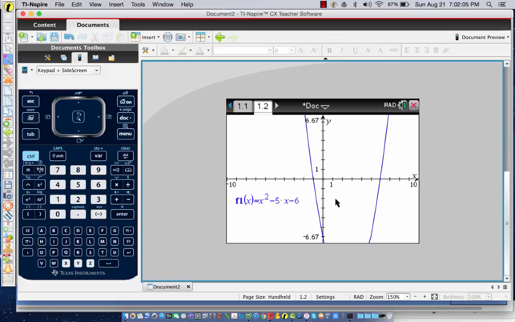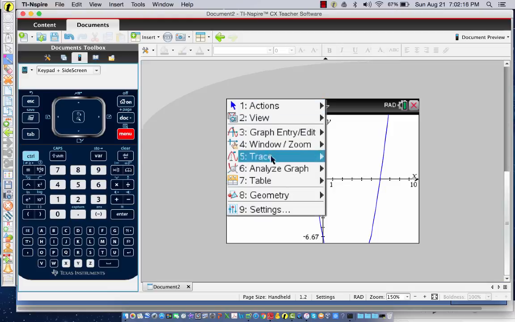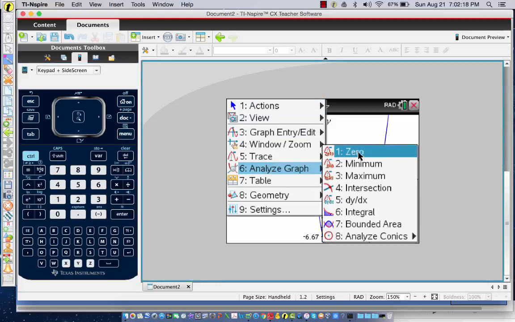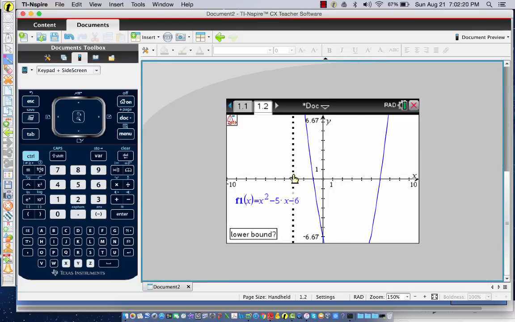Again, the roots are where the function is equal to 0. And the value of a function is always its y value, its y coordinate. If you're not convinced, we go to menu, analyze graph, and we find the zeros. Lower bound, in other words, I go to the left of the x-intercept, drag to the right, and I get my solution negative 1.